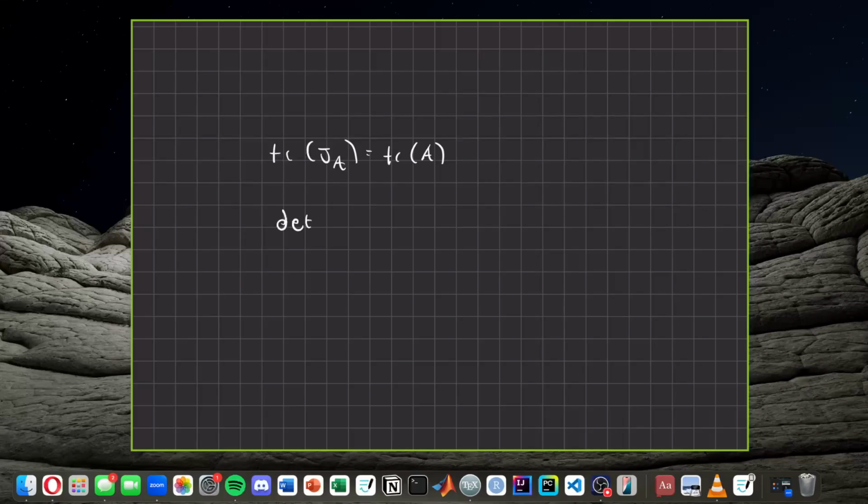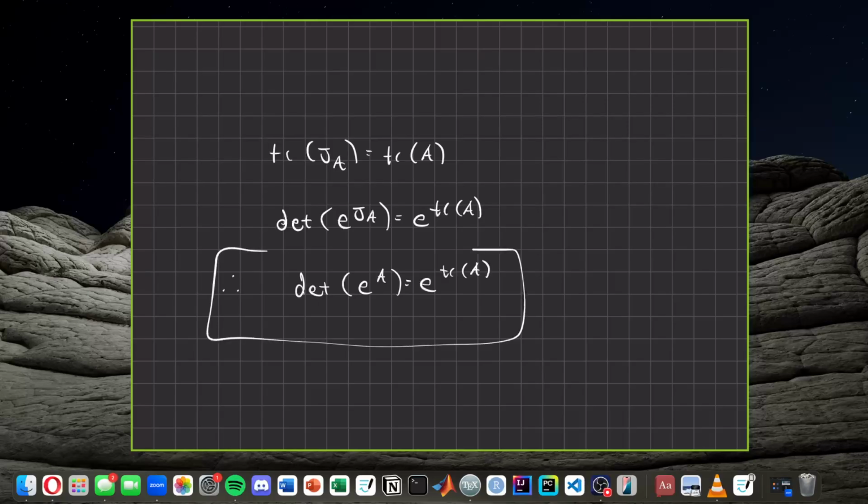Thus, the determinant of e to the J sub A is e to the trace of A. And we showed earlier that the determinant of e to the A is the determinant of e to the J sub A. So therefore we can conclude that the determinant of e to the A is equal to e to the trace of A. And this completes our proof.